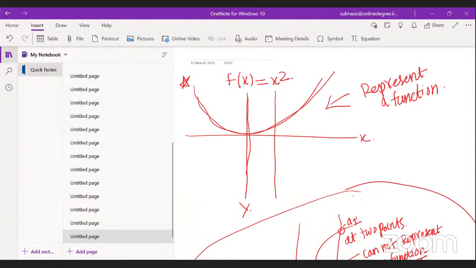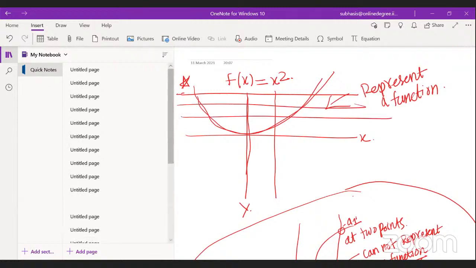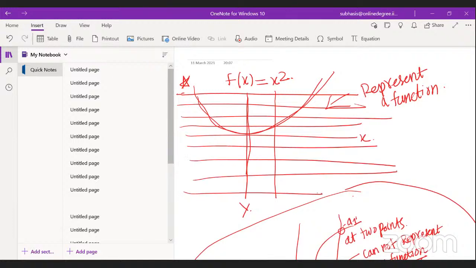So now you try to draw a line parallel to the x-axis. On each line, the value of y is constant.